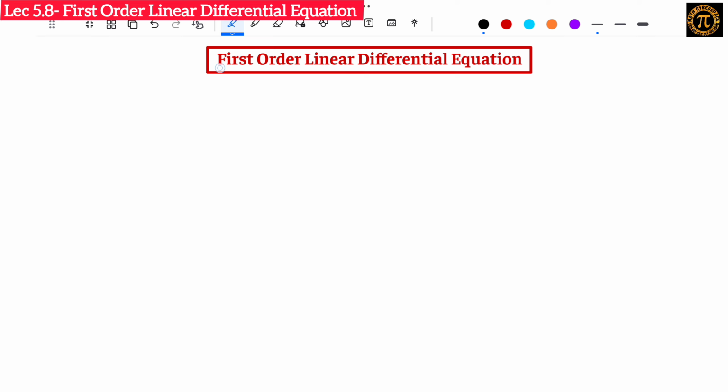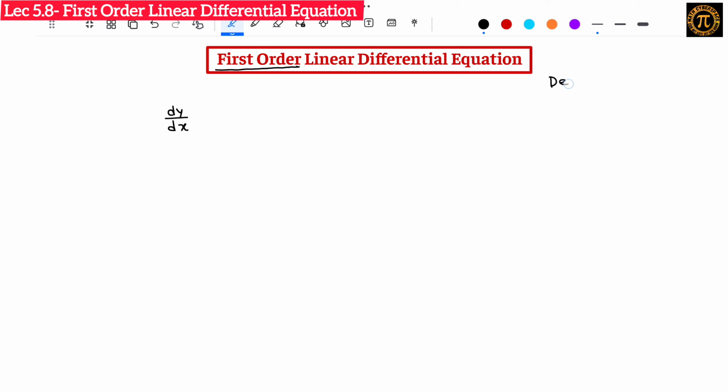We know how to find the order of any differential equation. First order means in this differential equation you will get the term dy/dx. Now, what do we mean by linear? Linear means the degree of the differential equation must be 1.